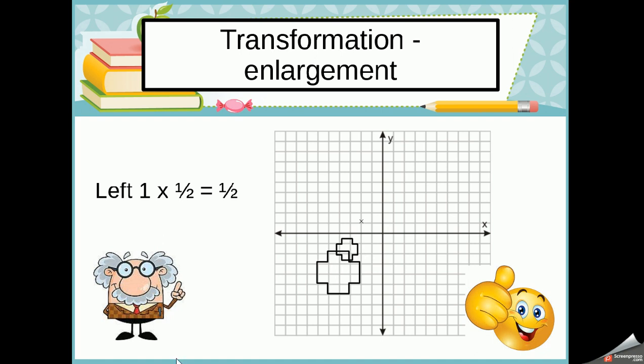So that's how we do enlargements. We need a scale factor, we need a centre of enlargement, we look for the corner points on the particular shape, count across how many squares we need to go to get there, and then multiply those by the scale factor to come up with a new amount that we go across or up or left and so on.